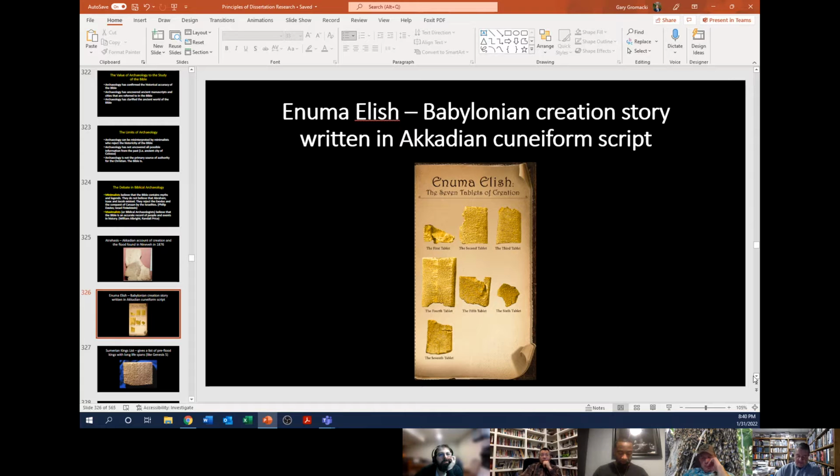It talks about a conflict between the Babylonian god Marduk and Tiamat. Marduk creates the world by splitting Tiamat, the primeval waters, into two. So it's interesting how that is described. And then we have Genesis 1-2.